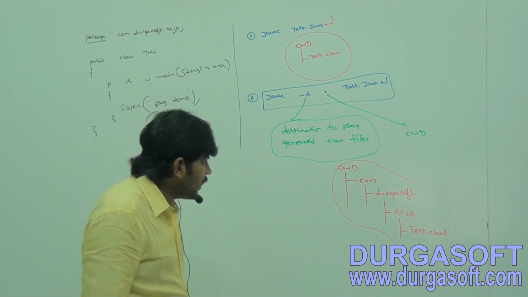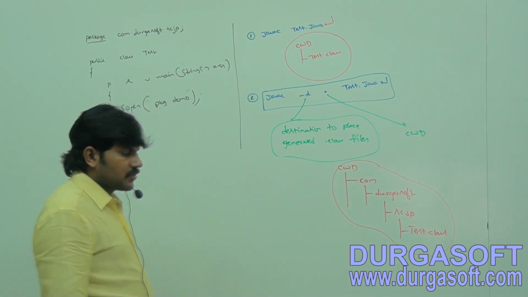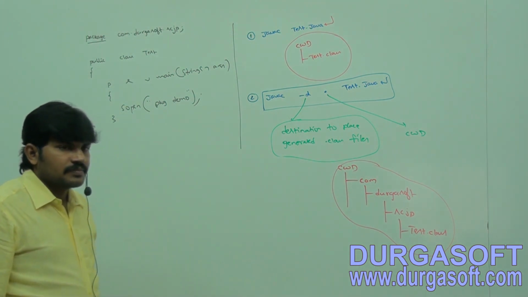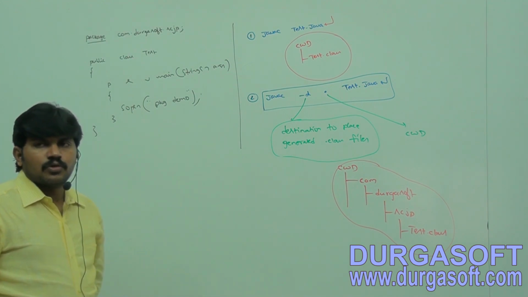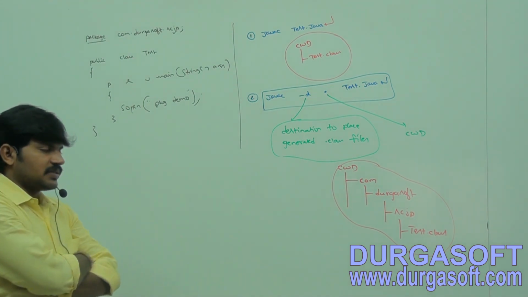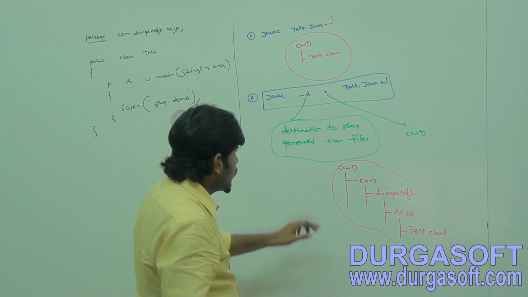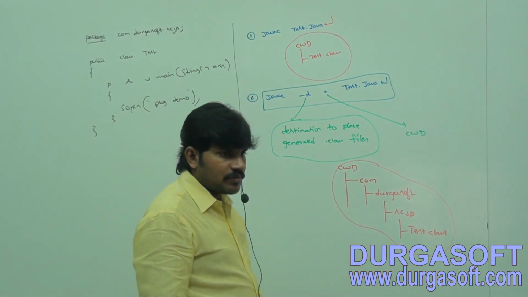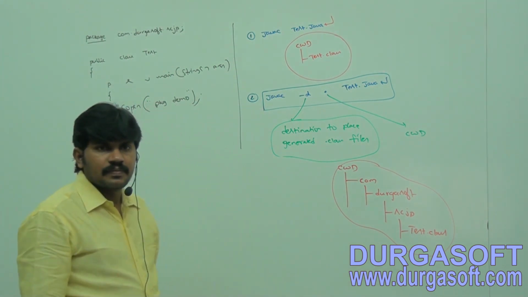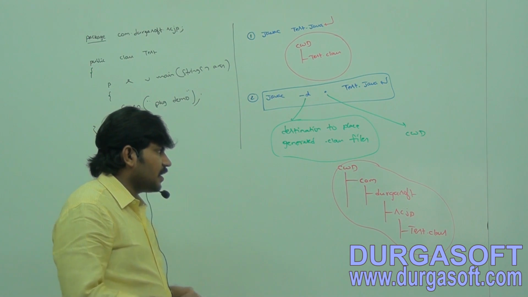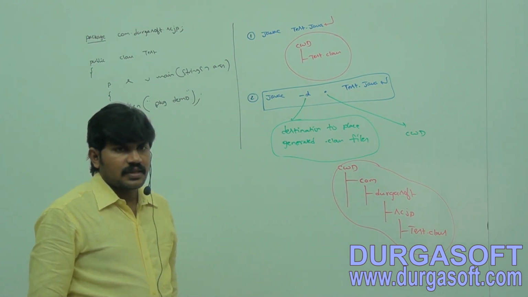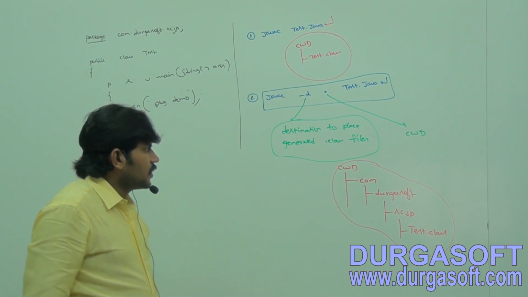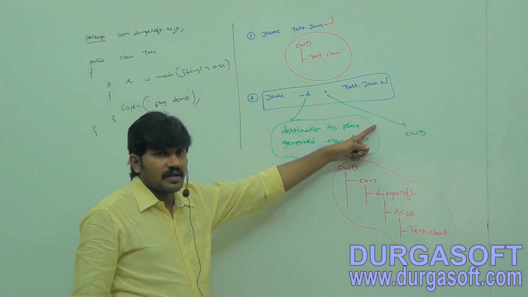Destination to place generated .class files. What about dot? Dot means what? Current working directory. Now have you observed the current working directory, right?